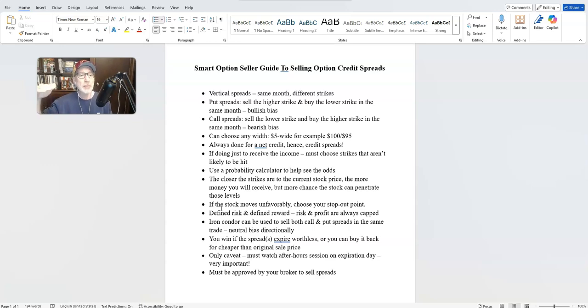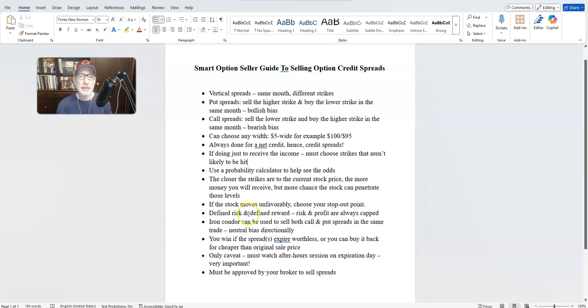The stop out point could be based on where the stock is trading, or it can be based on how much money you're currently at a loss within the spread. If you sell a spread at a certain price and now the spread has gone up, that means you have to buy it back for a larger value, which will lock in a loss. So you have to decide, how much money are you willing to lose? If you're willing to lose the whole thing, then it doesn't matter. You can hold on till the very end. So it's completely up to you.